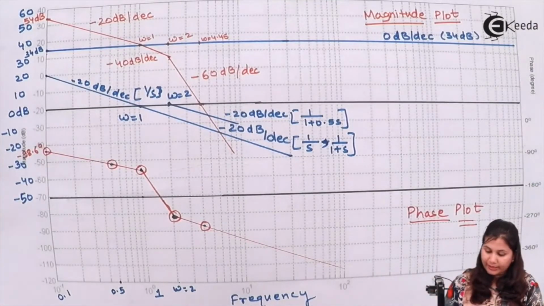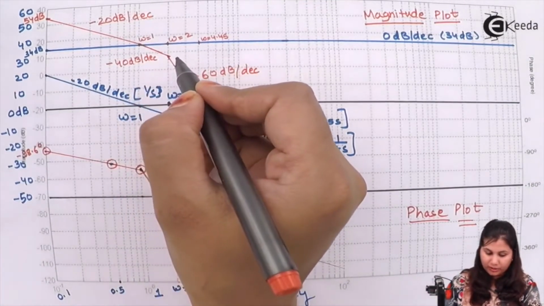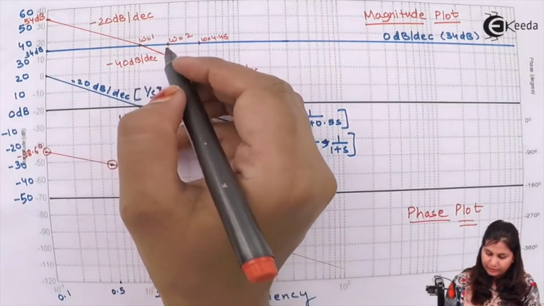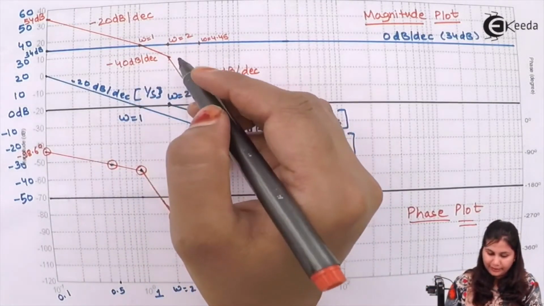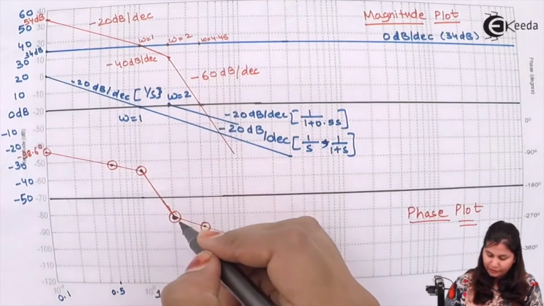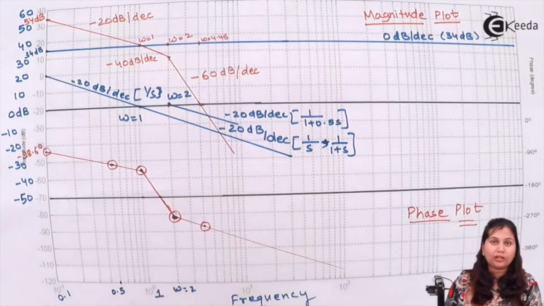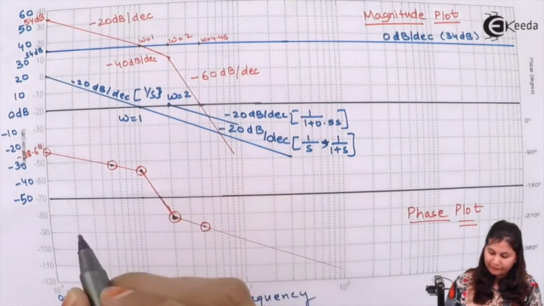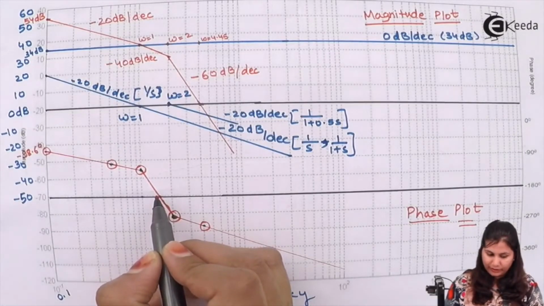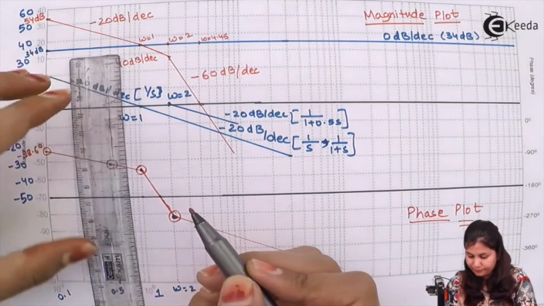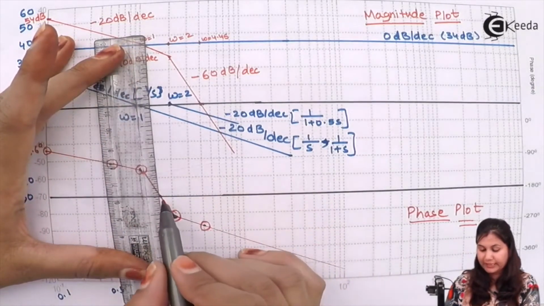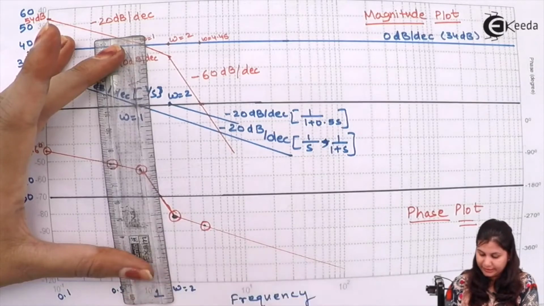Now, for the gain margin, we take the frequency at which this phase plot is intersecting with the minus 180 degrees line.